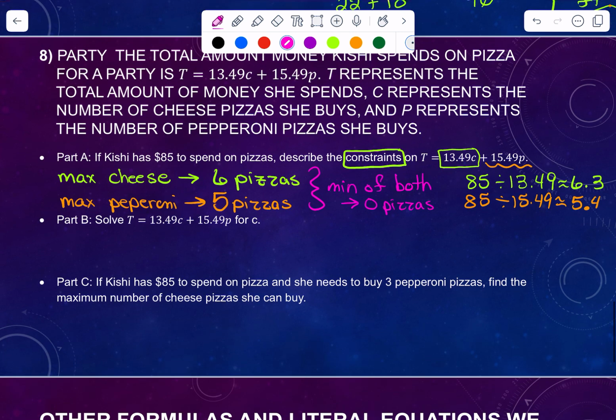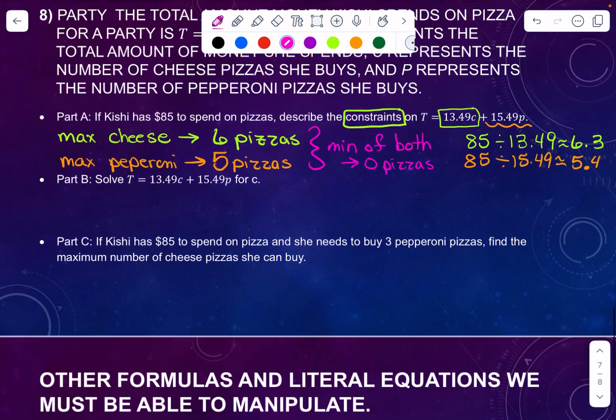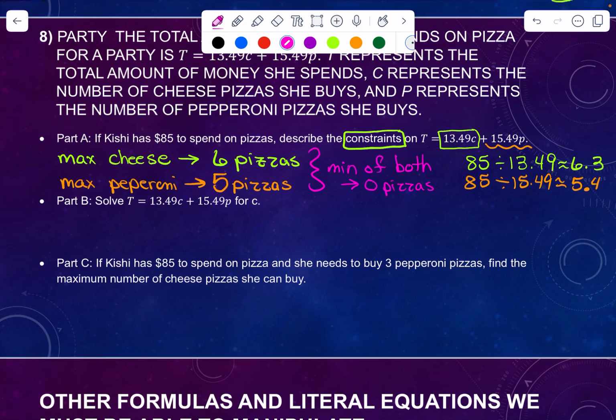Okay, so now we're going to take that and we are going to solve for C here. Okay, so I'm going to start off and I'm going to say, okay, if I have this equation and I want to get C by itself, the first thing I want to do is subtract the 15.49P.